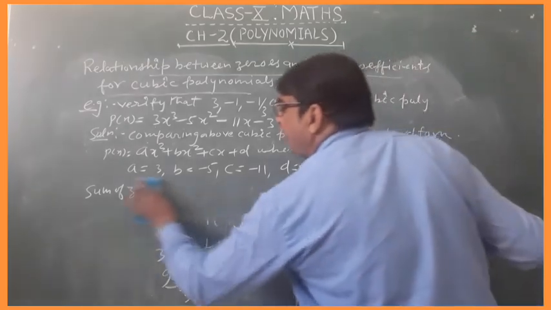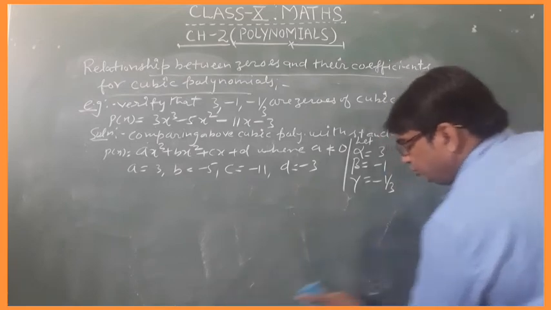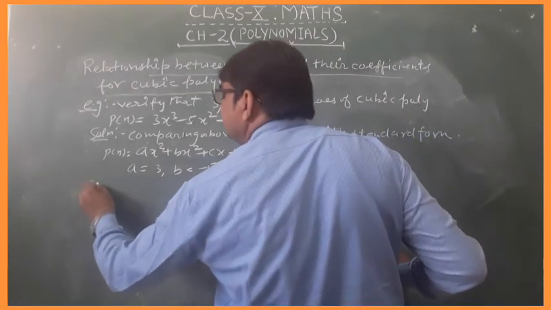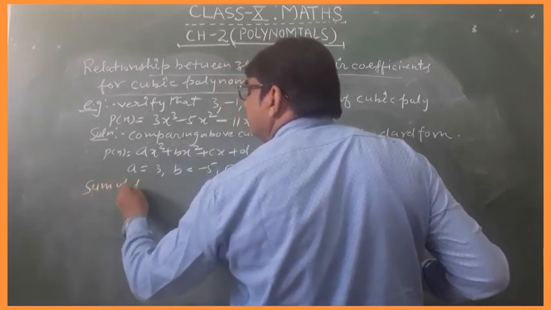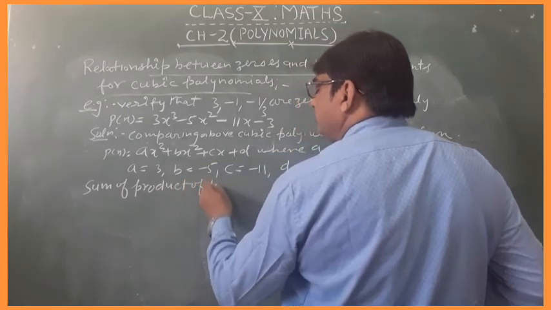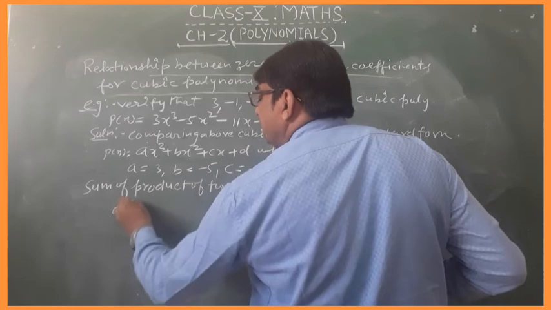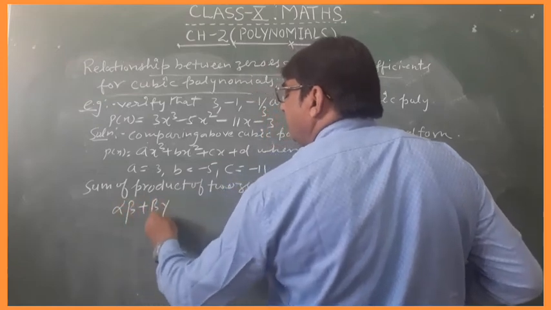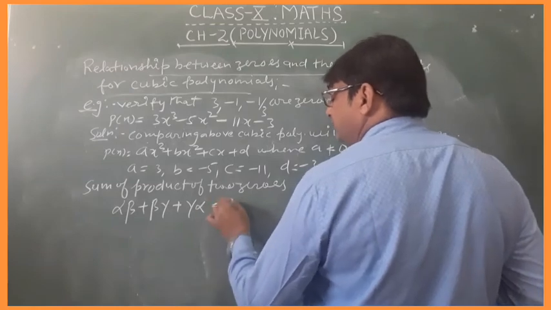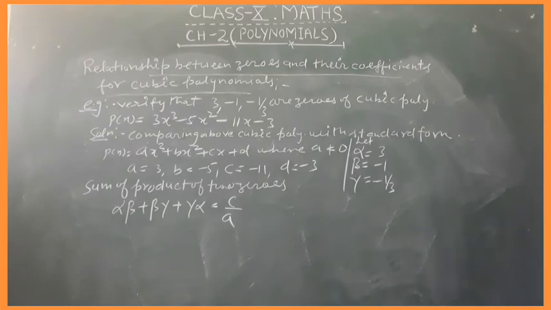The second relation is the sum of the product of two zeros: alpha beta plus beta gamma plus gamma alpha is equal to c by a.